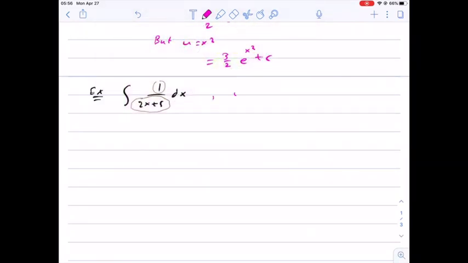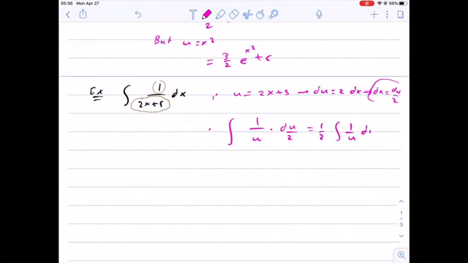So we let u equal the denominator 2x plus 5, and then du is 2 dx, and then we solve for dx. dx is du over 2. And then this integral becomes the integral of 1 over u times dx, which is du over 2, and this is 1/2 the integral of 1 over u du.